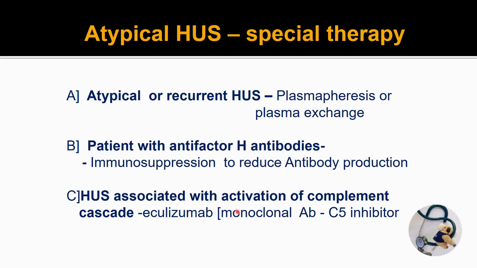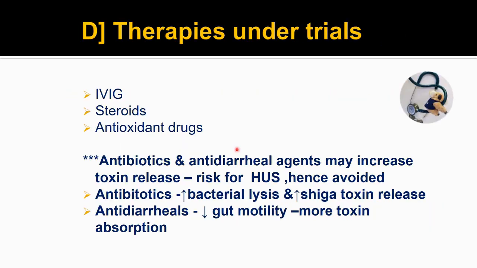And for HUS associated with activation of the complement cascade, that is the inherent complement dysregulation HUS, the monoclonal antibody eculizumab, which is a C5 inhibitor, is used, and that is indicated. Some therapies under trial are IVIG, that is intravenous immunoglobulin, steroids or antioxidants.